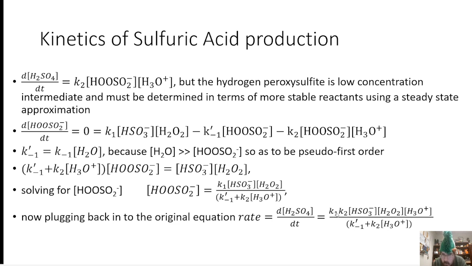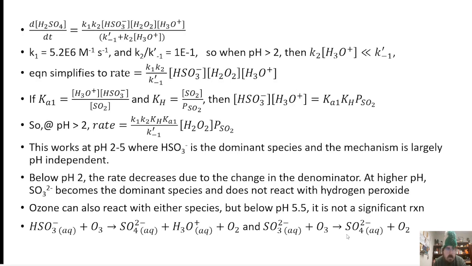So looking at K1, K2, HSO3 minus, H2O2, hydronium over K minus 1 plus K2 times hydronium. Looking at that, breaking it down, K1, K2, and K minus 1 are known.